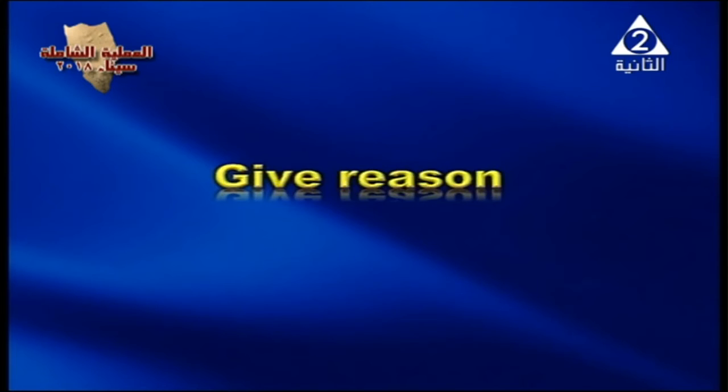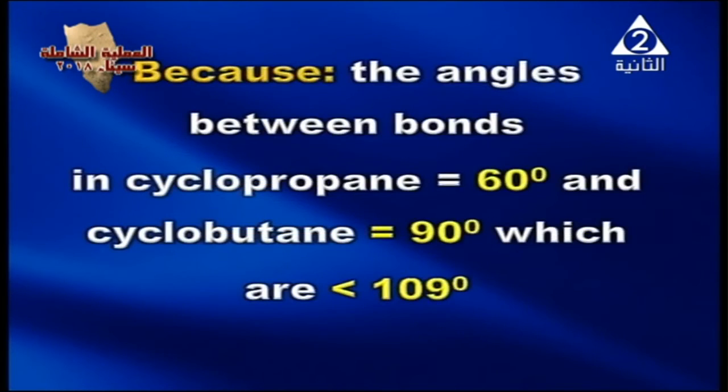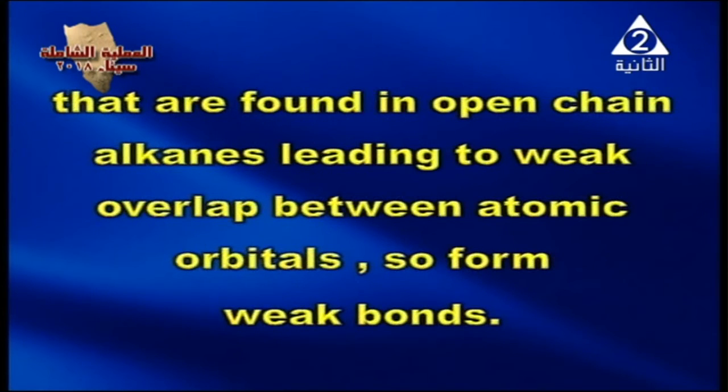We have given reason in this point, my dear students. Cyclopropane and cyclobutane are very active compounds compared with the open chain alkanes, because the angles between the bonds in cyclopropane equal 60 degrees and in cyclobutane equal 90 degrees, which are less than 109 degrees, which is found in open chain alkanes, so leading to weak overlap between the atomic orbitals, so they form weak bonds.